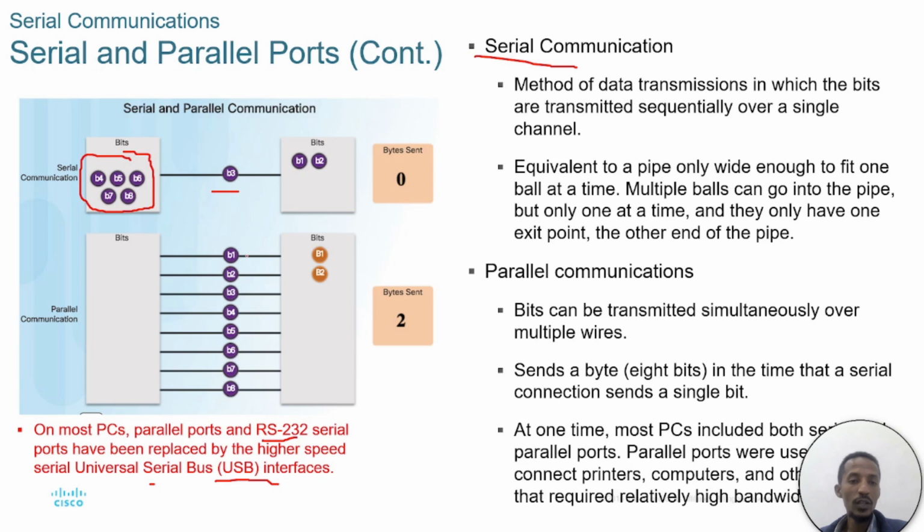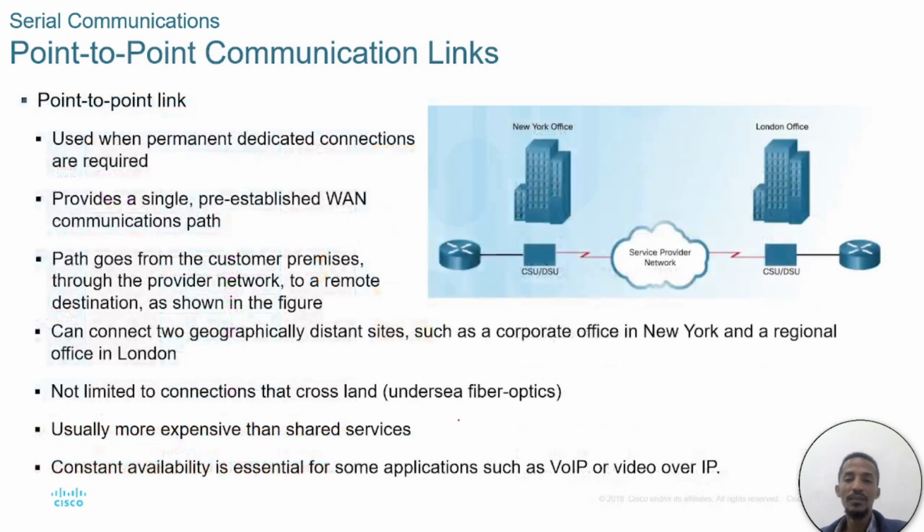When you look at them, they seem better and faster than serial, but there are many problems with them. The advantage of parallel communication is simultaneous transmission over multiple wires, sending in terms of bytes rather than bits, because multiple bits can be sent at the same time. Previously, they were used to connect printers and computers. Nowadays, they are being replaced by USB.